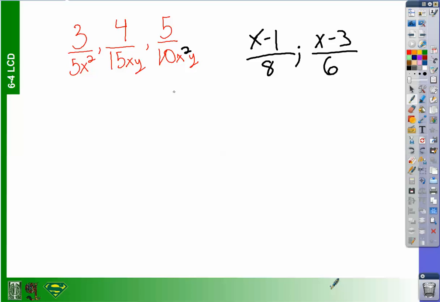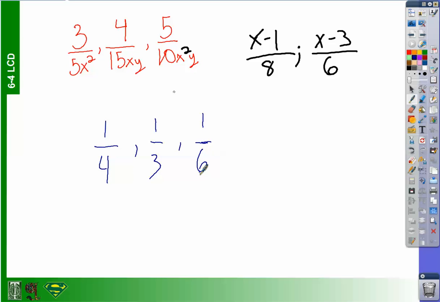Let's say we had 1 over 4, 1 over, I don't know, 3, and 1 over, pick a number, 6.